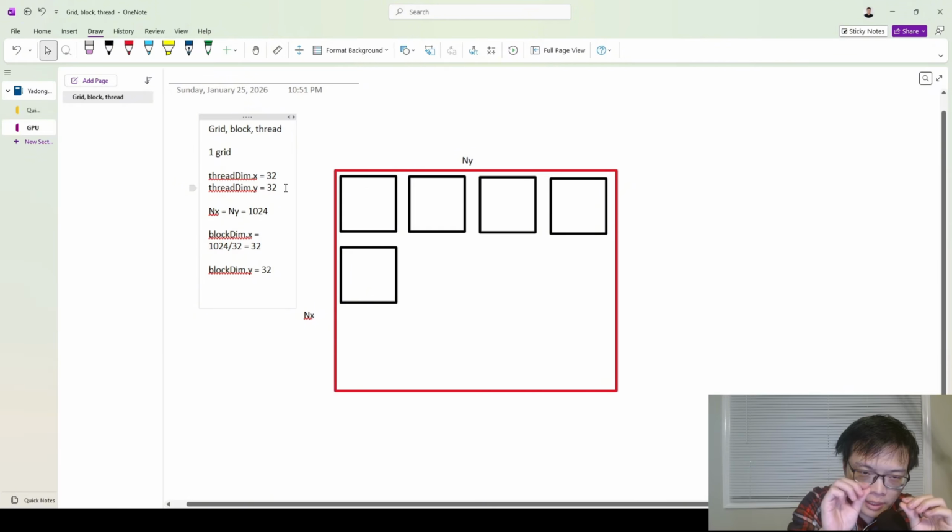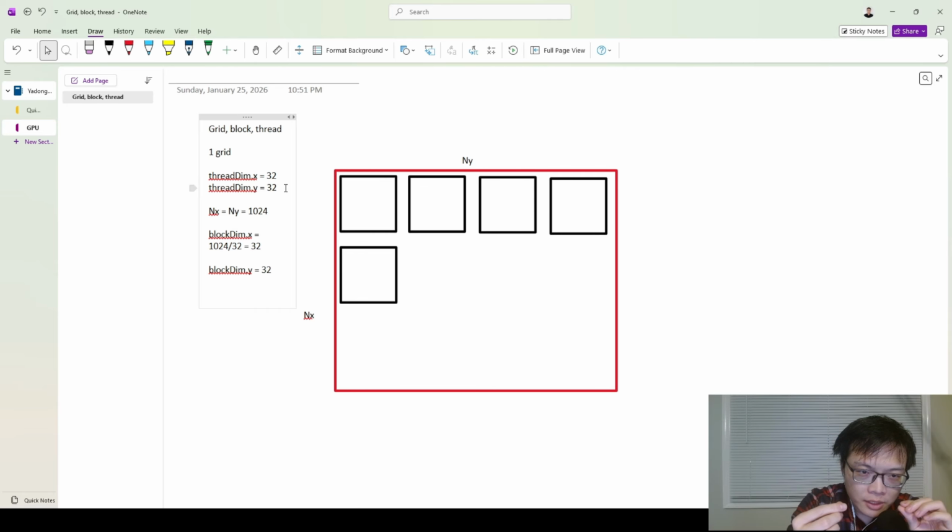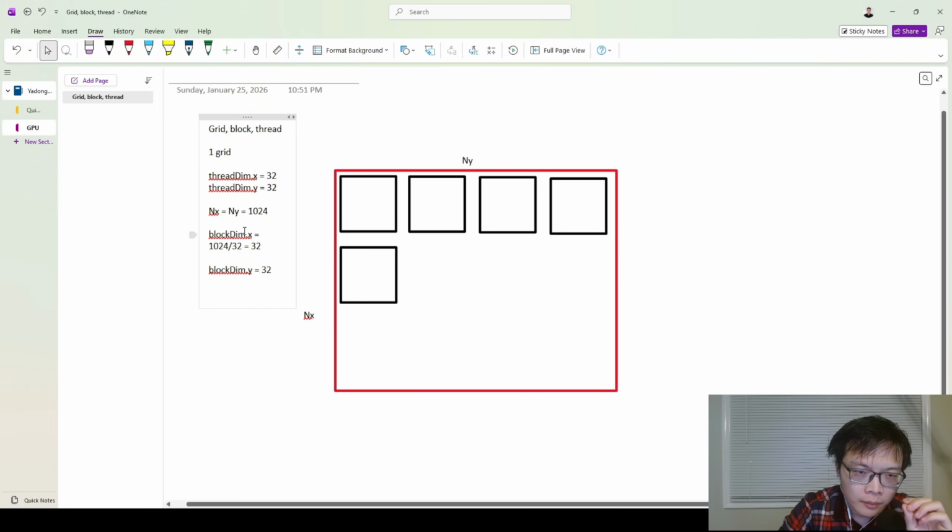Since each C element will be calculated by one thread, and if we assume the matrix dimensions in X and Y are 1024, which means both NX and NY are 1024, then we can calculate the block dimension in both X and Y directions. So the block dimensions are all 32.